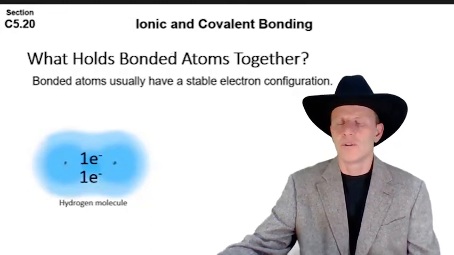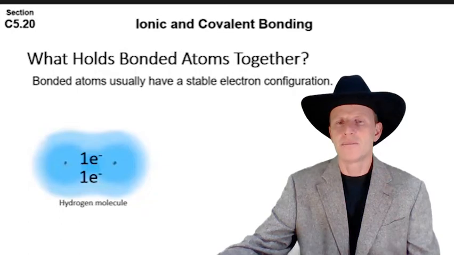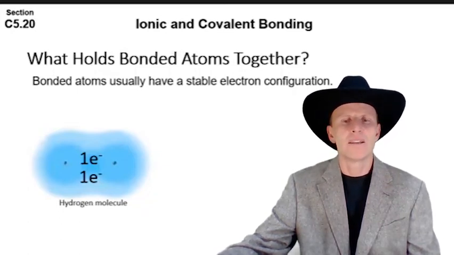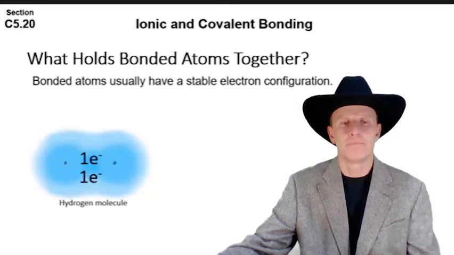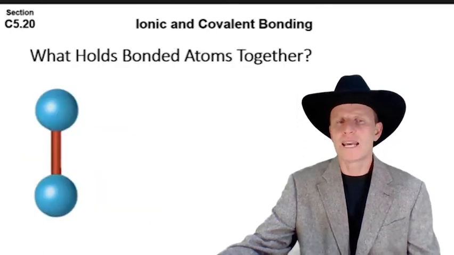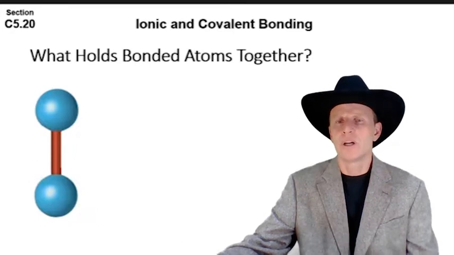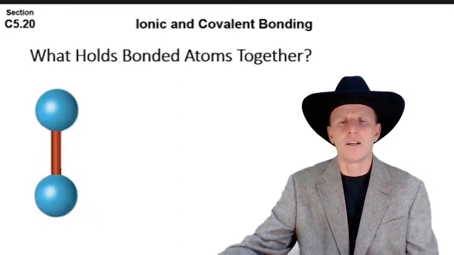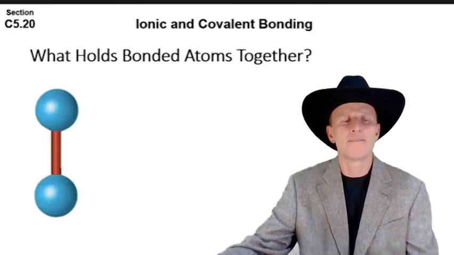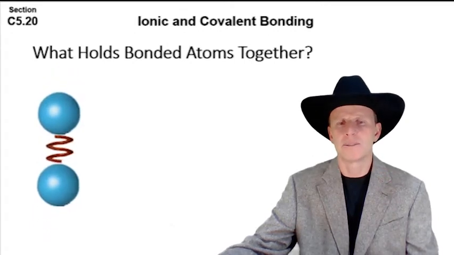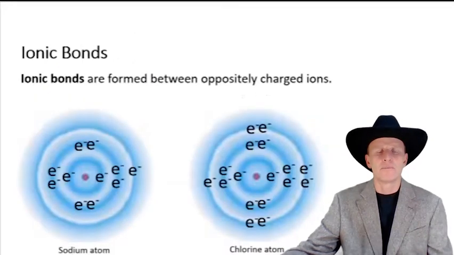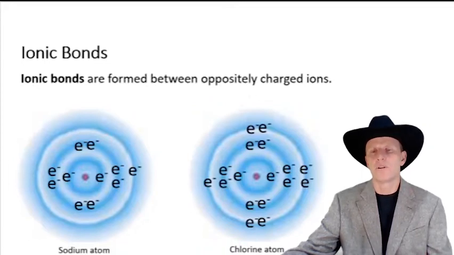Since the outer energy levels would be full for both of these atoms, its electronic structure would be like the noble gas helium. So what holds bonded atoms together? Bonds can bend and stretch without breaking. Although a bar is sometimes used to represent a bond between 2 atoms, chemical bonds behave much more like flexible springs.